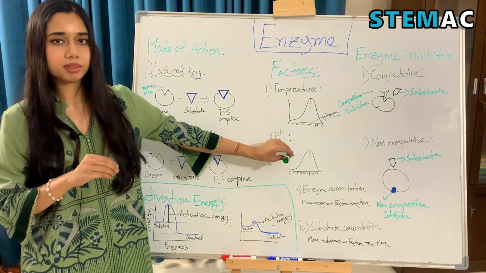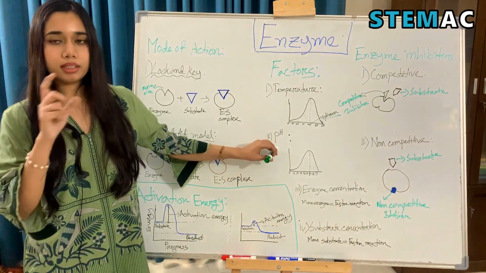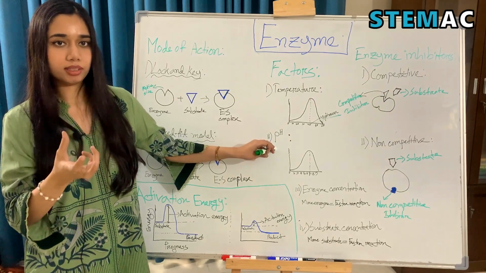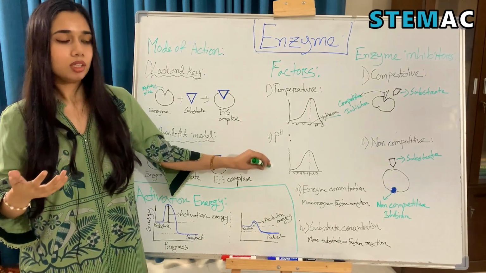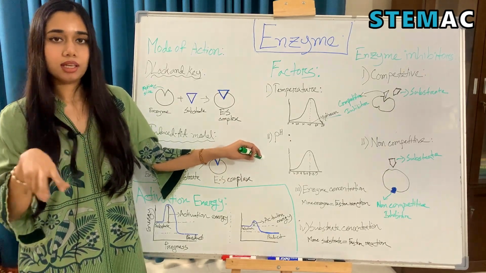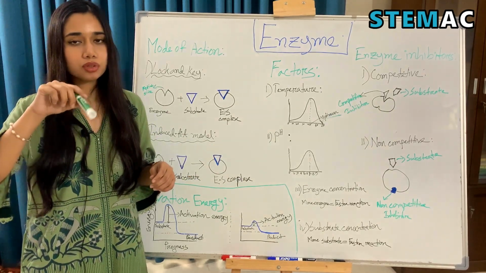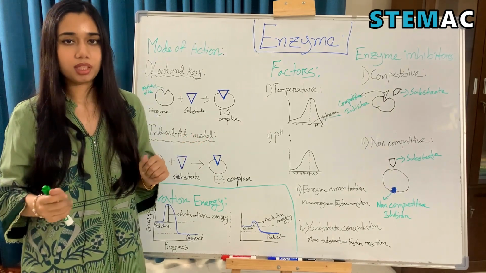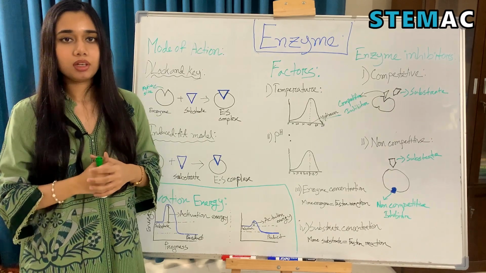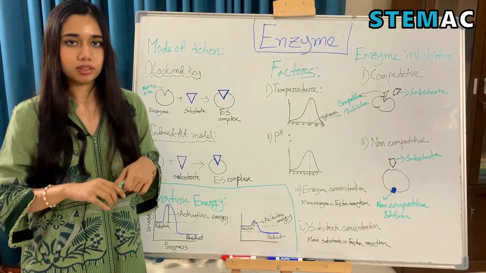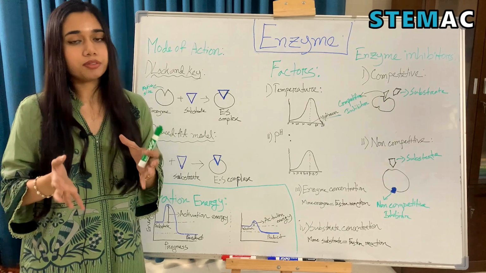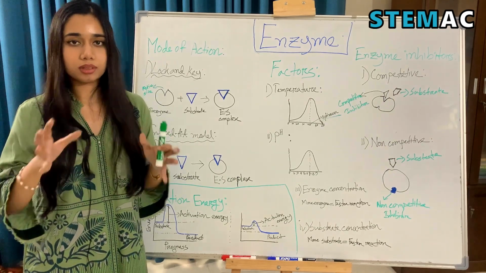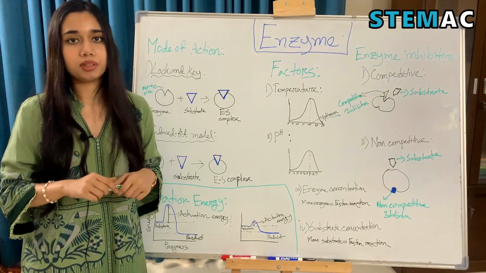Earlier we learned that the active site has R groups of the amino acids, because enzymes are made up of amino acids. So, hydrogen ions will interact with any charged R groups, and they will change the shape of the enzyme because of that. Because of that, the substrate will not be able to bind to the enzyme, and as a result, the enzymatic action will be much lower.